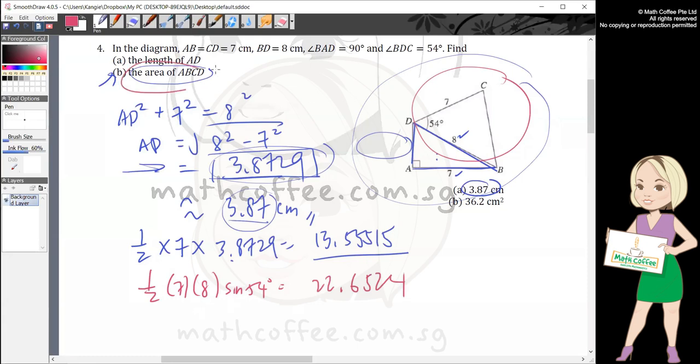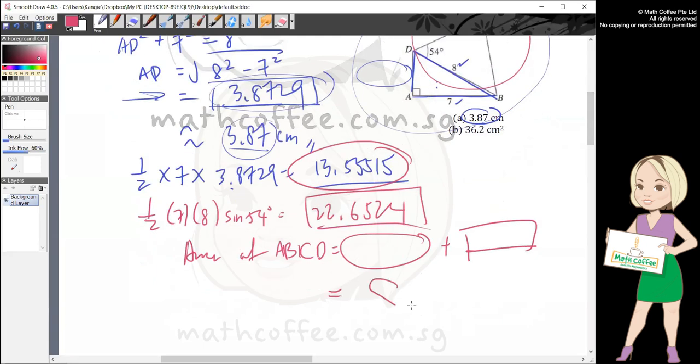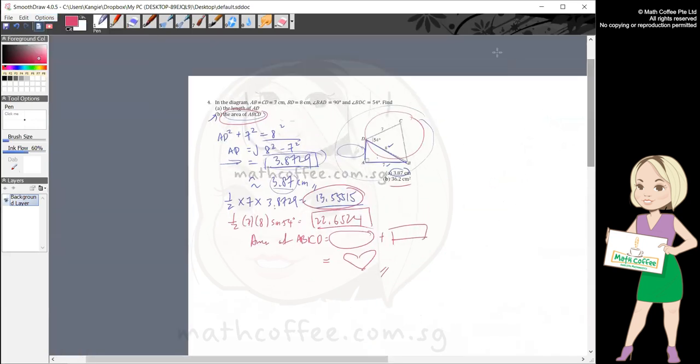The area of ABCD is simply this number plus this number, and you will get the final answer, rounded off to 3 SF. So this is again very straightforward. The only thing I want to highlight is, when you see a right angle, use the correct set of formulae. When you see a non-right angle, use the non-right angle formulae, and always use the long form for your calculation. Okay, that's for question 4.